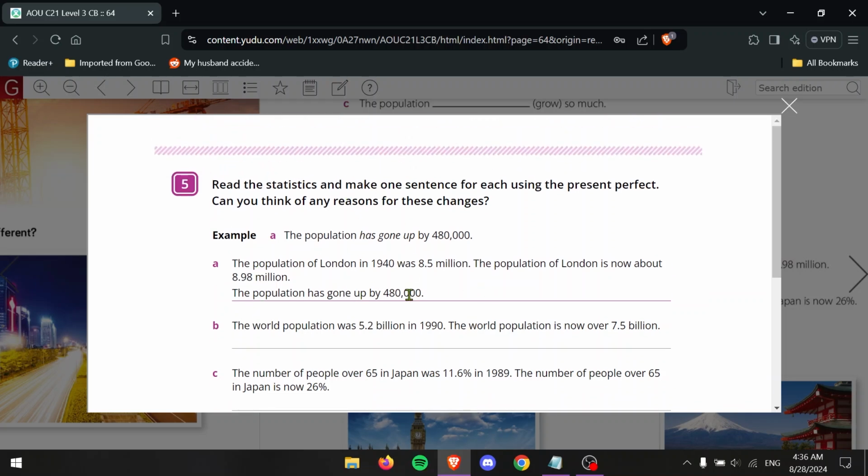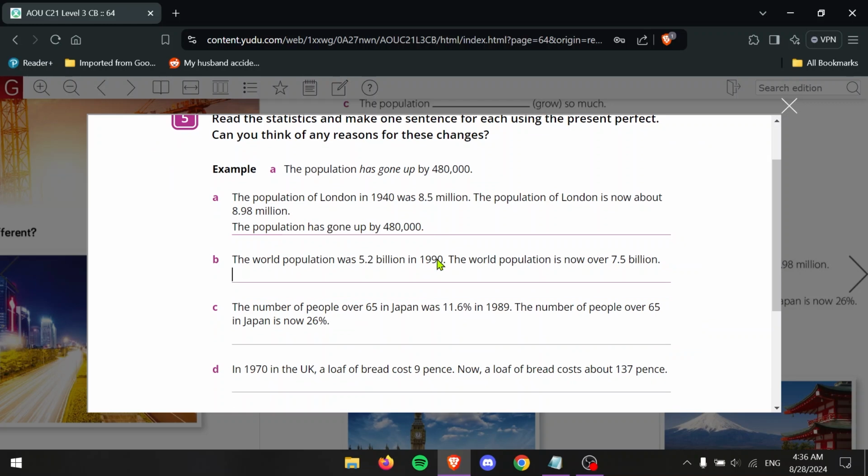This has turned into one sentence using the information given, but we've used the present perfect to connect them. All right, let's take a look at B. The world population was 5.2 billion in 1990. The world population is now over 7.5 billion.